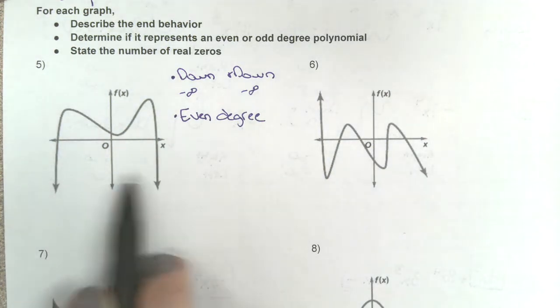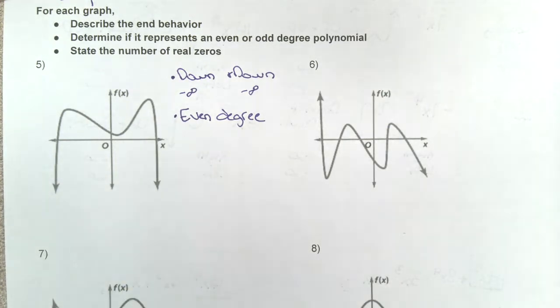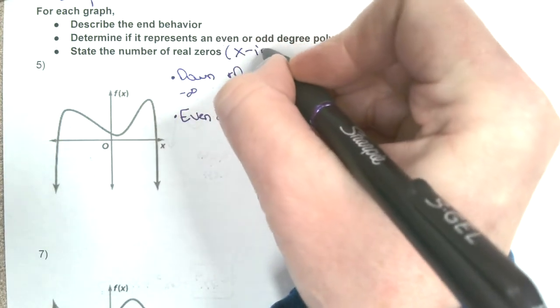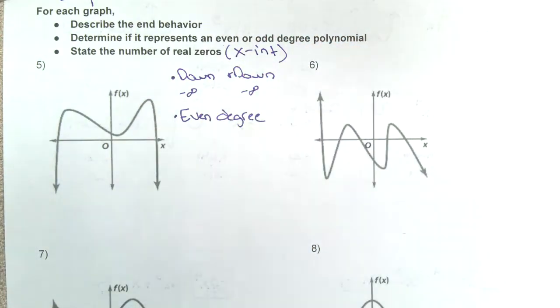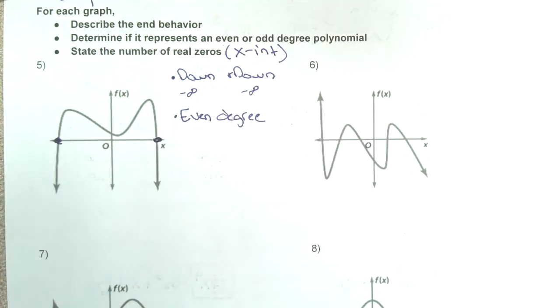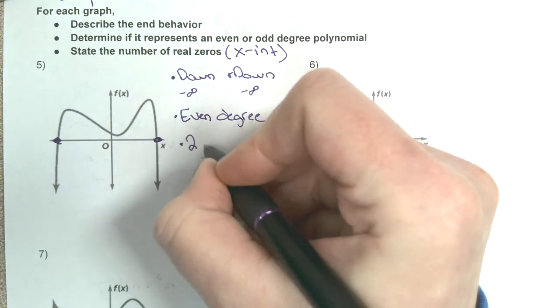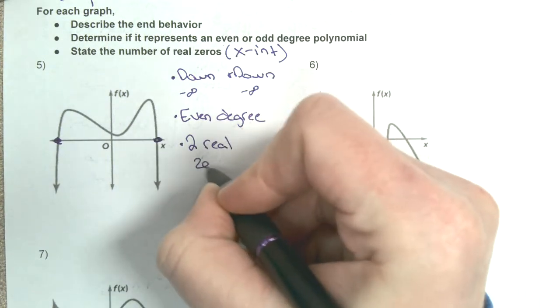So when the end behavior goes in the same direction, that is characteristic of even. State the number of zeros. Zeros mean x-intercepts. So it has 1, 2 x-intercepts. Therefore, it has 2 real zeros.